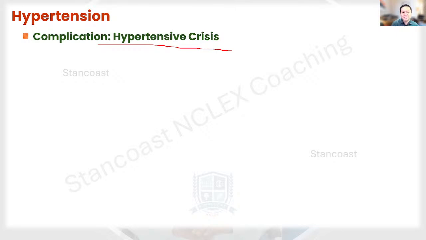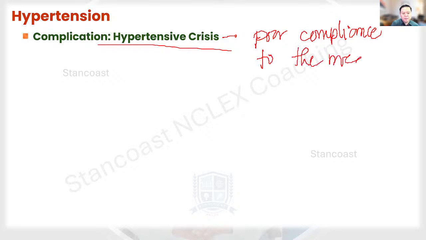And this hypertensive crisis can happen when the patients fail to be compliant with their prescribed medication regimen. So one of the reasons why they have this is because of poor compliance to the medication regimen.